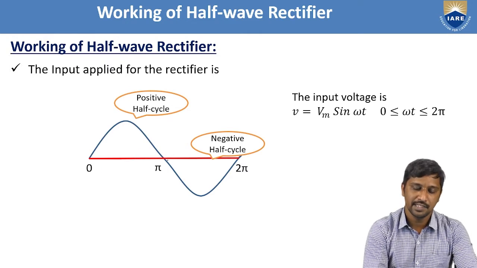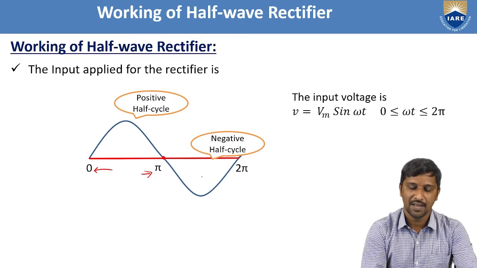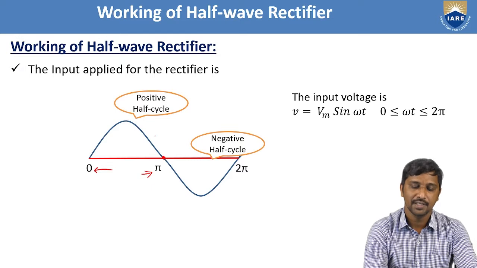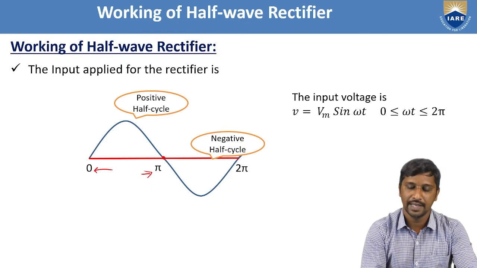From 0 to pi duration, we have the positive half cycle, and from pi to 2 pi duration, we have the negative half cycle.